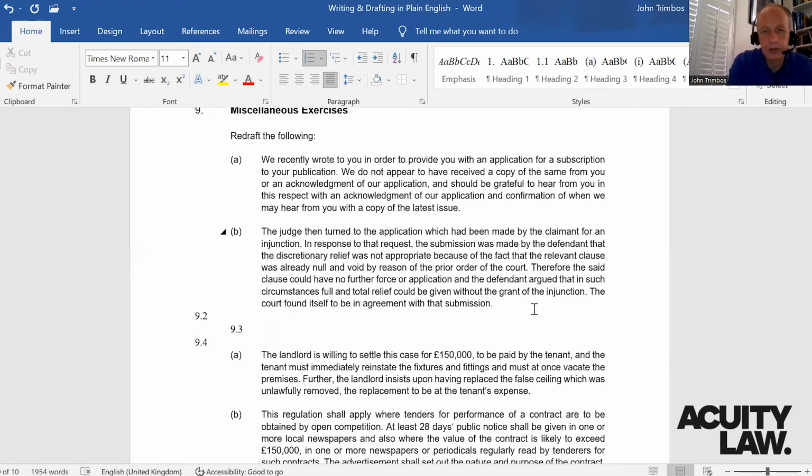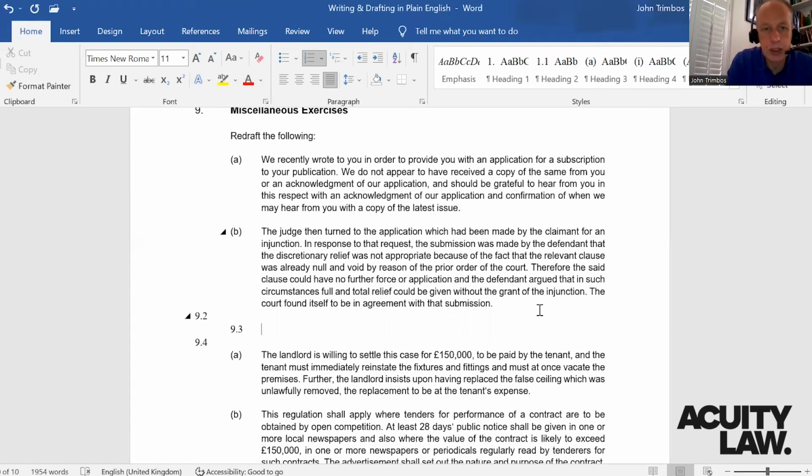Okay, so four sentences. Judge considers application for an injunction, submission by the defendant. This is totally over the top because the relevant clause is already void. Effect of this, you can get full relief without an injunction, or I suppose another way of saying this would be that damages would provide full relief, and then the court agrees with that submission.